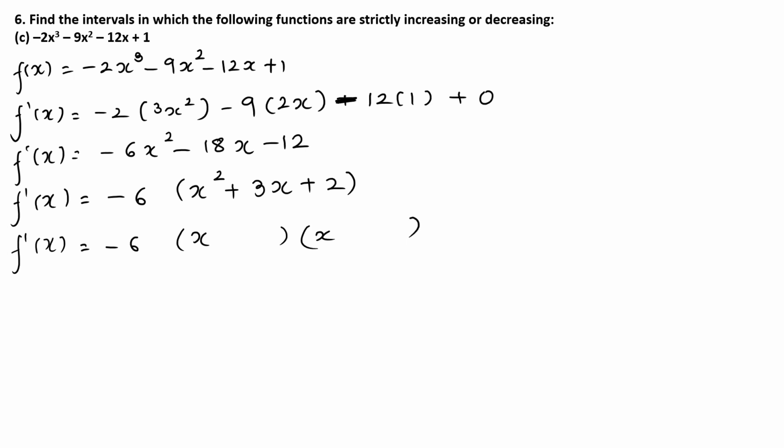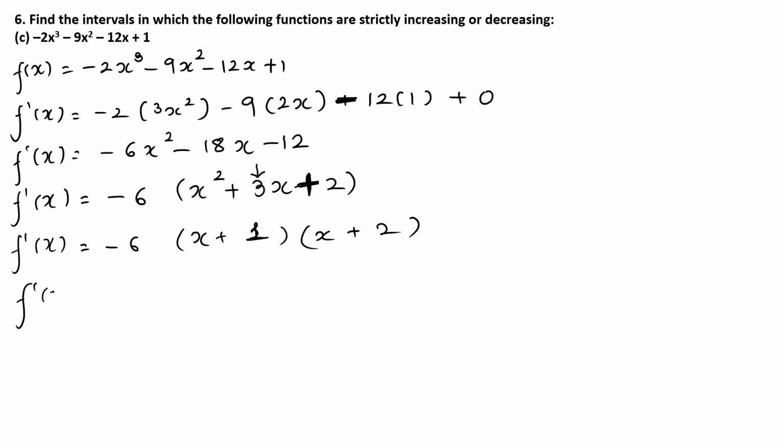Both signs should be positive only, since the sign of 3 is positive and plus plus gives plus in the multiplication. That means both are plus only. So it is (x plus 2)(x plus 1).